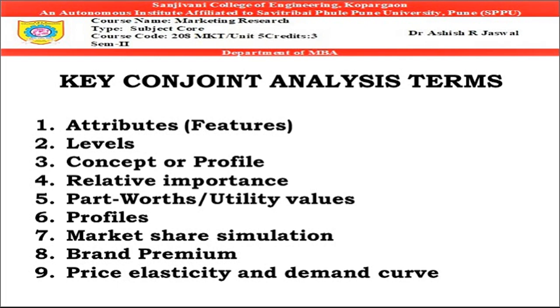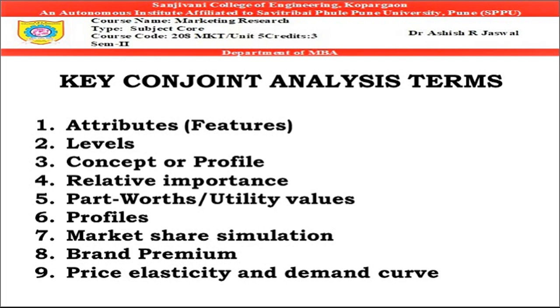For example, if I want to purchase a laptop, relative importance in terms of percentage would be, again hypothetical, for brand 35%, price 30%, size 15%, battery life 15%, color 5%, all put together 100%. Here attribute importance is highest for brand and lowest for color. That is what is called relative importance.